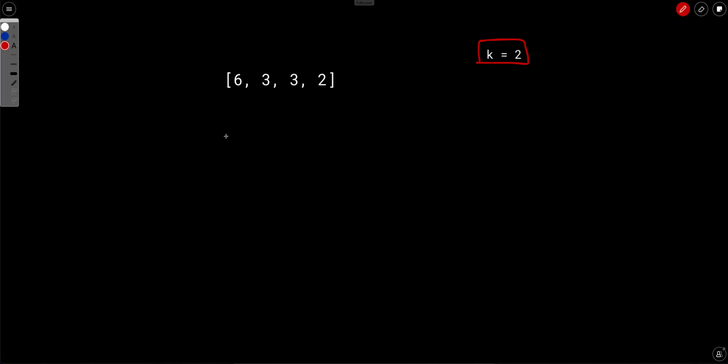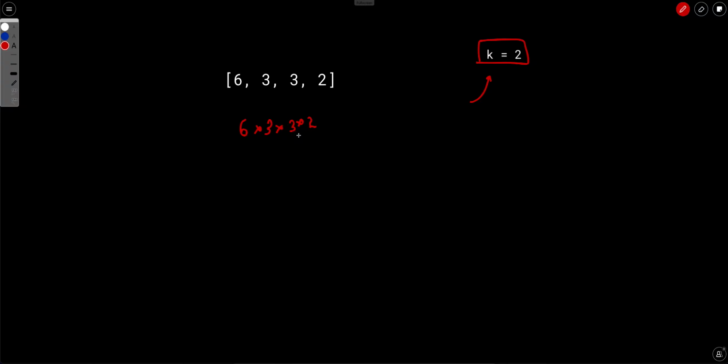We have to maximize the product, 6 into 3 into 3 into 2, whatever we get after performing the operations. So let's say we don't apply any operation here, or we leave two operations unused.